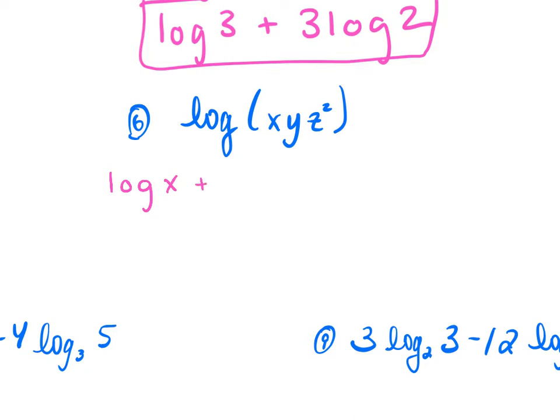Log of x plus log of y plus 2 log z. So here only the z is squared, so we just move the exponent in front of that one. So not all of the logs get that too, because it's only the z that's squared.